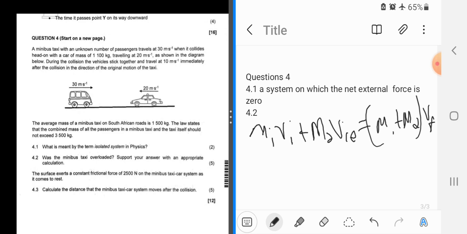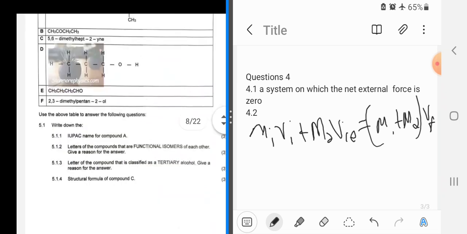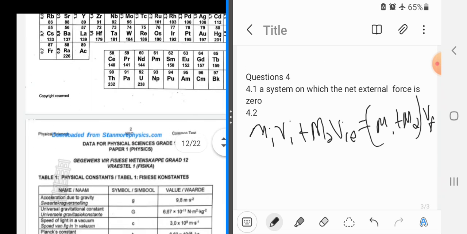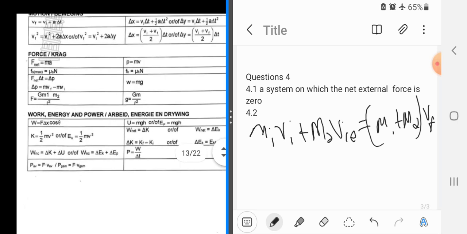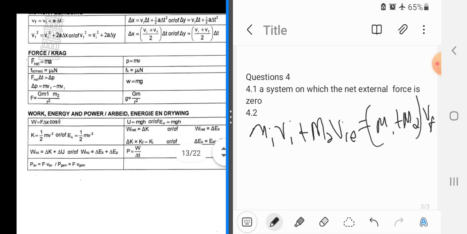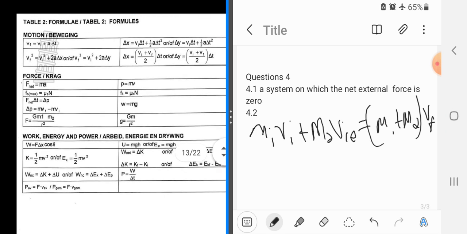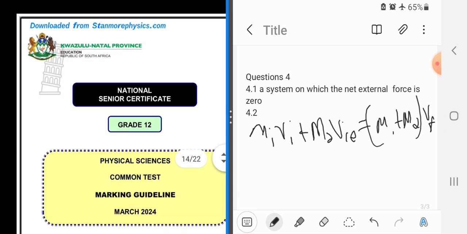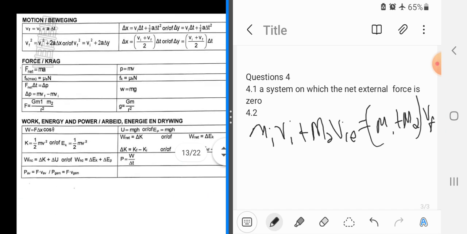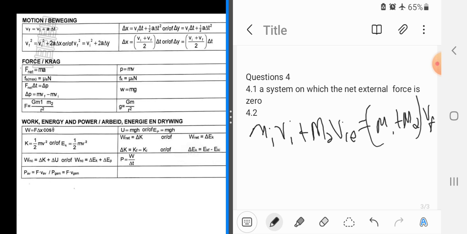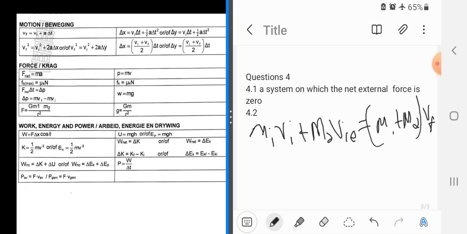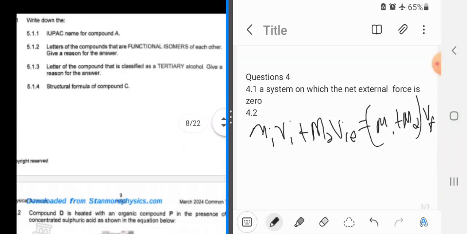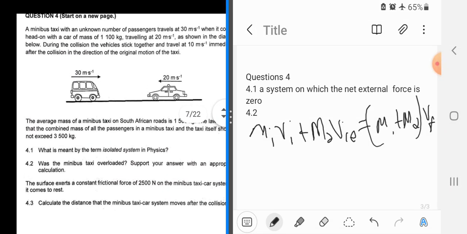Let me show you how this formula looks on the formula sheet. They didn't even show it on the formula sheet, so you have to know it by heart, but I've dealt with the theory, so it's not a problem.